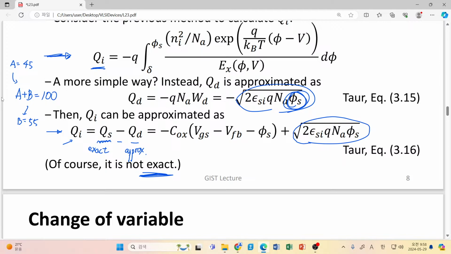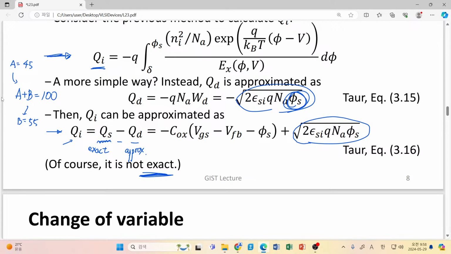I mean that in a real MOS structure, even when we apply a very high gate voltage, the potential cannot increase any further than 2 times phi b. 2 times phi b is the condition for surface inversion.